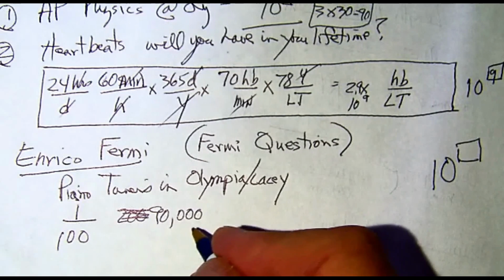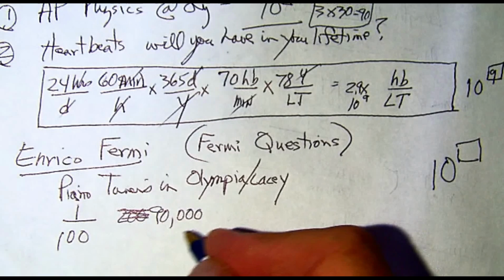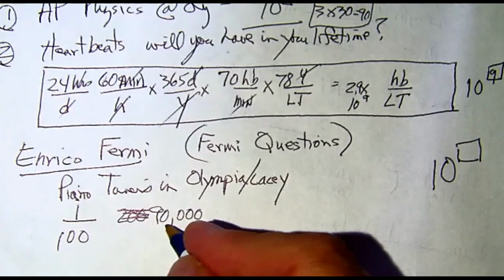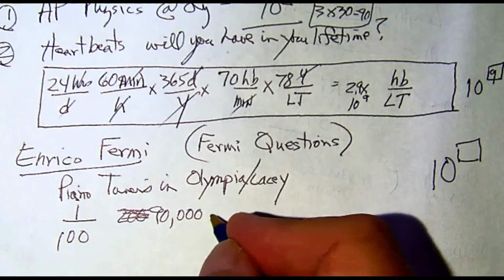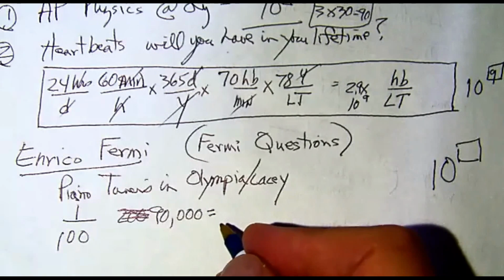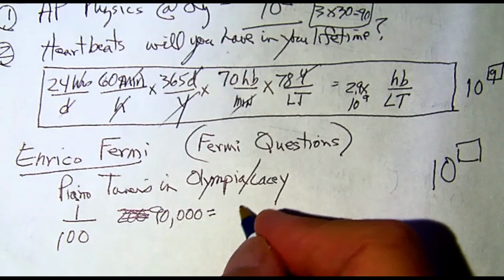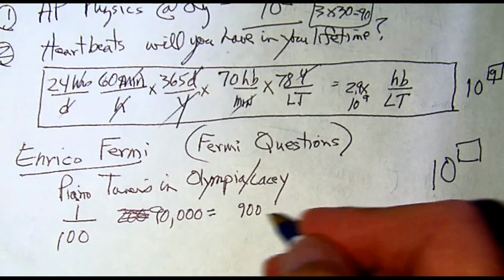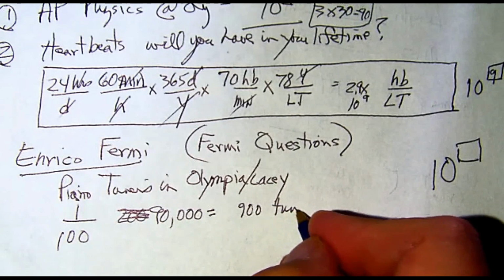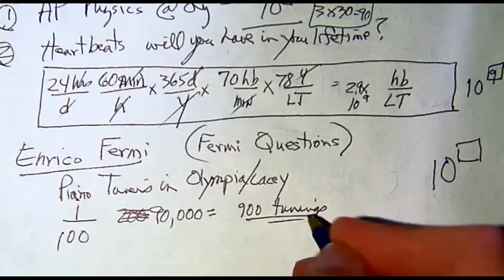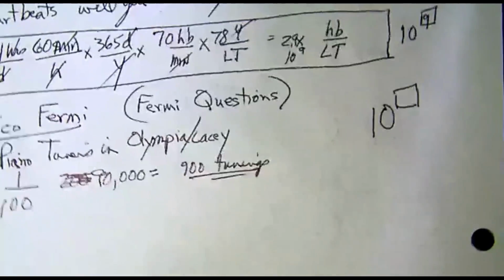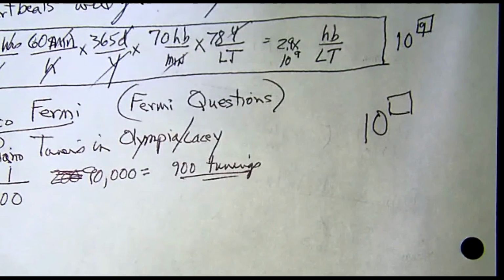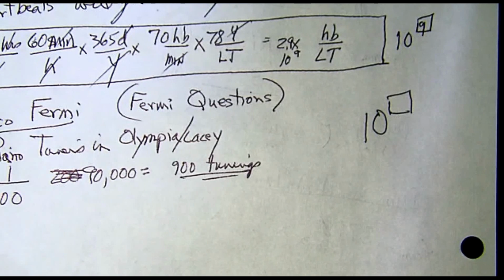So out of 90,000 people, 1 out of every 100 would need a piano tuning once per year, maybe. So let's divide that. That would give us 900 tunings that need to be done. Now, how many pianos could a piano tuner tune? Sounds like a riddle. Do you think they can do 1 a day or 2 a day?